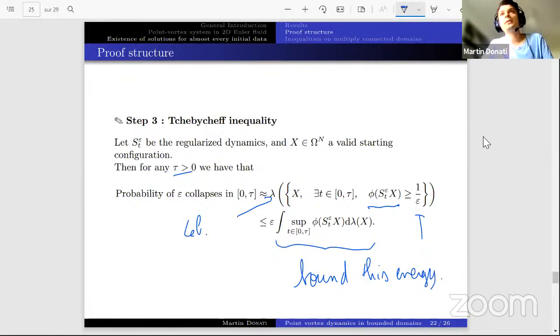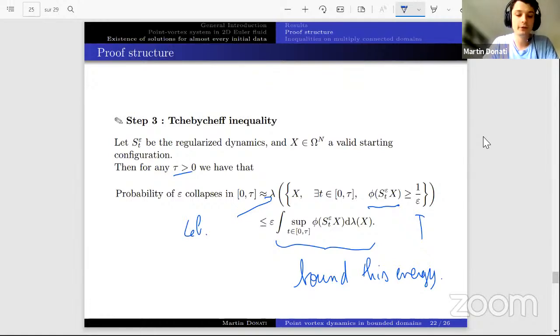Since the system is Hamiltonian, this is very good because thanks to the Liouville theorem, we can remove the time from this bound. So this is a technical part that I have not included, but just to explain quickly, the dynamics preserve the area during the time.